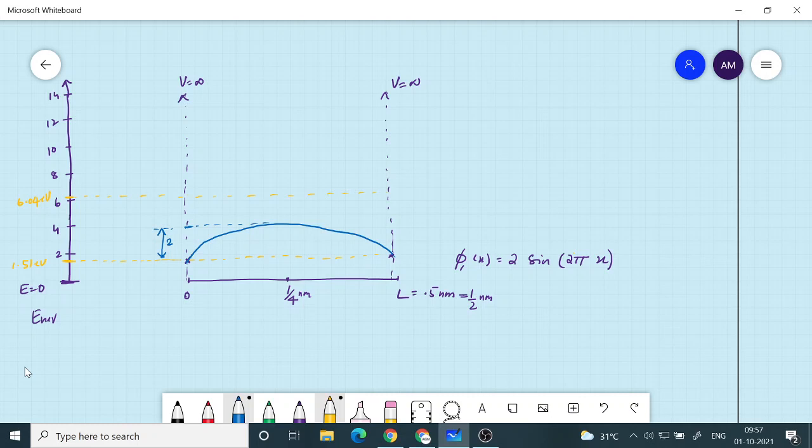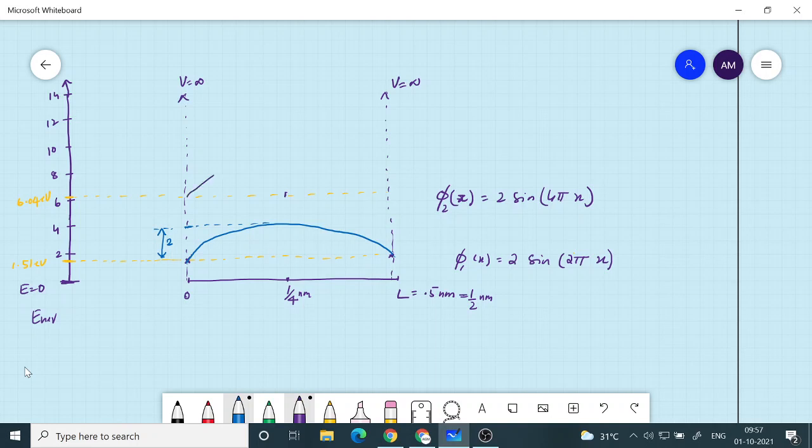Okay, now what is our phi 2? So phi 2 of x was basically 2 sine 4 pi x. So it has double the frequency of the first wave.